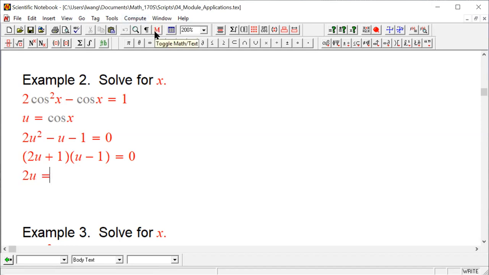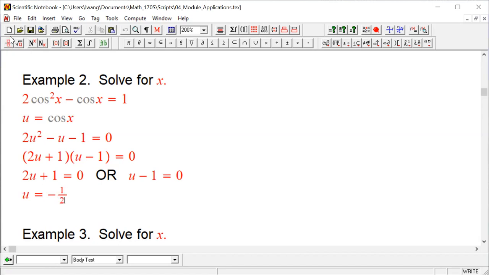So we get 2u plus 1 equals 0, or u minus 1 equals 0. And then we'll get 2 values for u. One is -1/2, and the other one would be u equals +1.